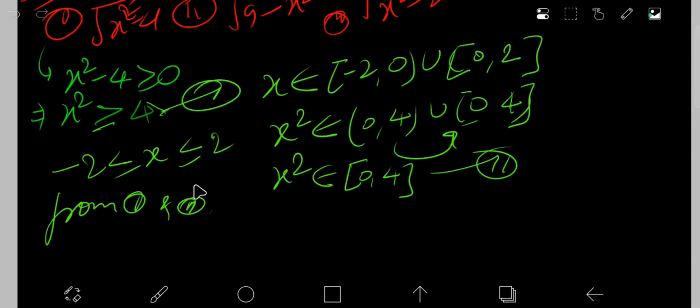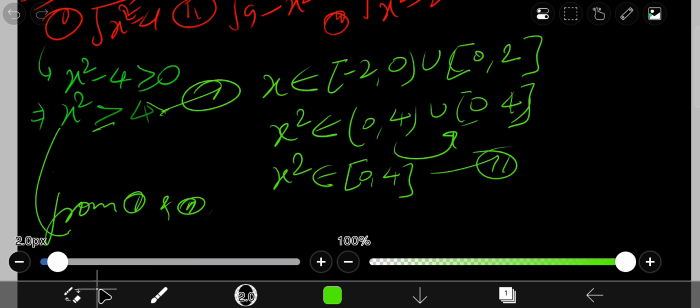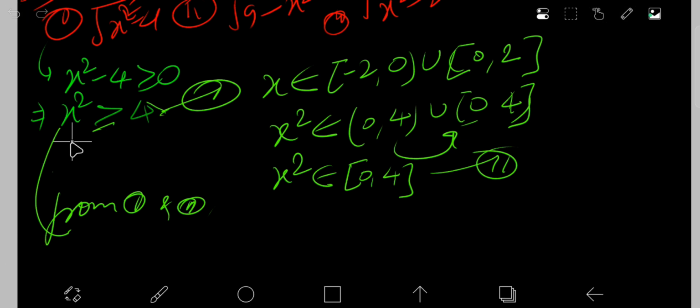What we get here? From here x is greater than or equal to 4, means here we write this one, also we write here, just wait. This means in one condition we can also write this type, we can write x square also belongs to 4 to infinity.